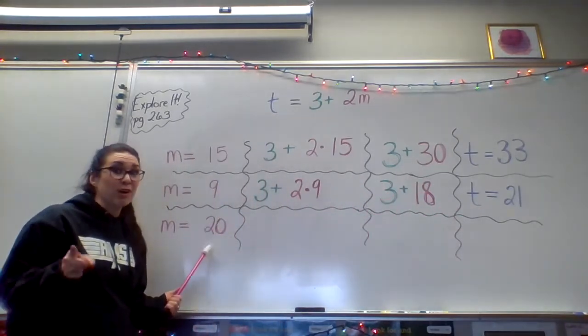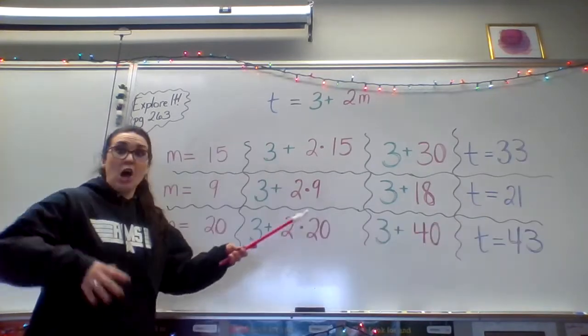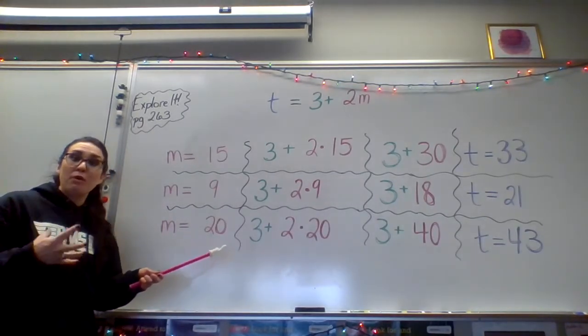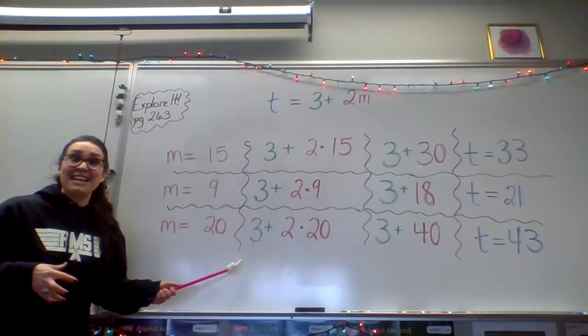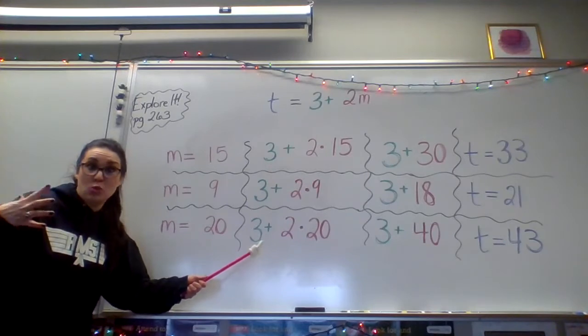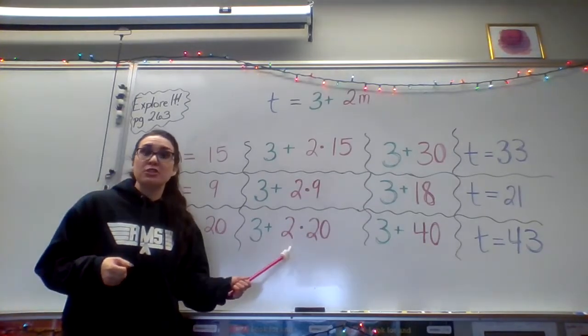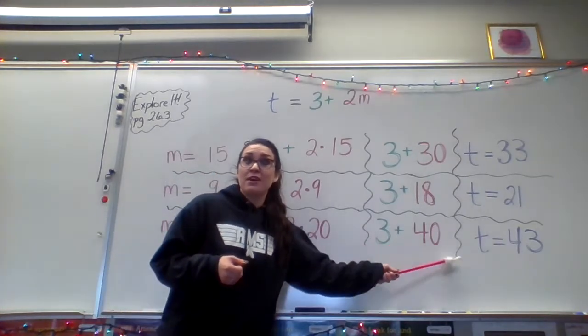All right, how about if Marley has 20? What's that mean for our little pal Tucker? If Marley has 20, what we would do to find out Tucker the Pug's quantity is we would take 2 times 20 because it's twice as many, right? Plus 3 more, right? So we know that 2 times 20 is 40. 40 plus 3 would be, boom, 43.